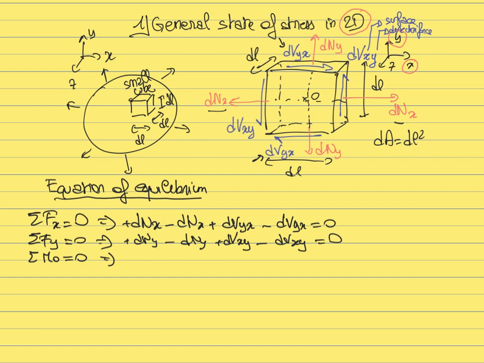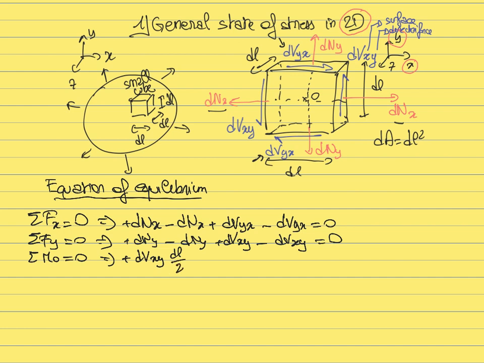So let's see what we can get from that. First we have the shear force that is applied on the right, dVxy. The shear force dVxy on the right is going to create a positive moment about O. It tends to make the body rotate anti-clockwise, so it's a positive moment. The moment is equal to dVxy, that's the intensity of the force, multiplied by the arm of the force, and here the arm of the force is dl divided by 2.